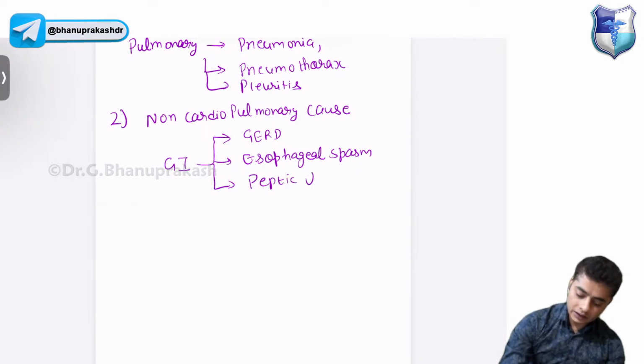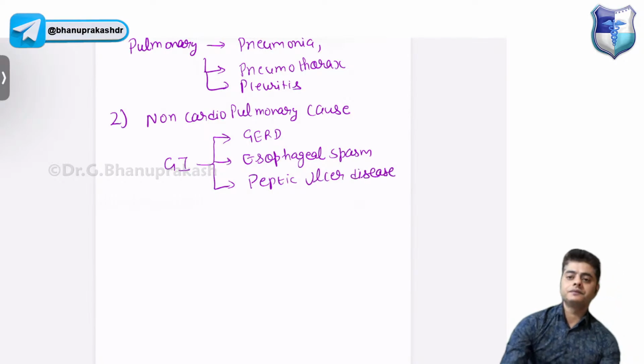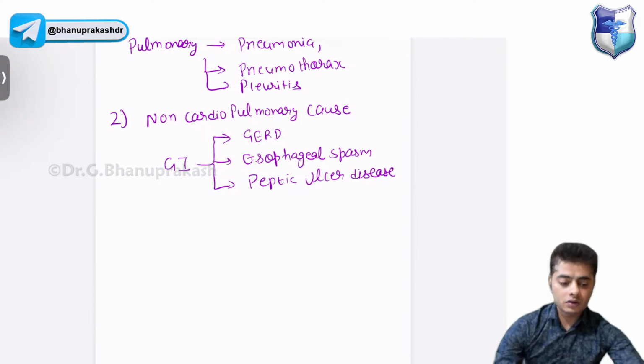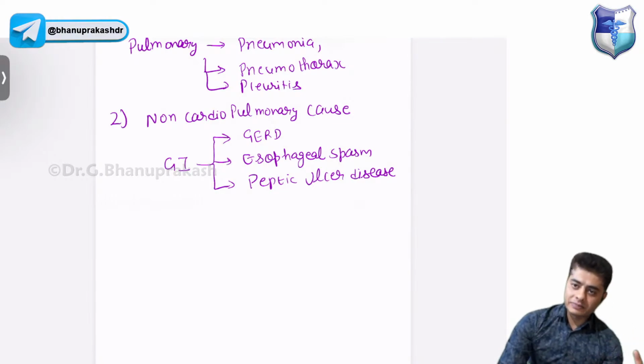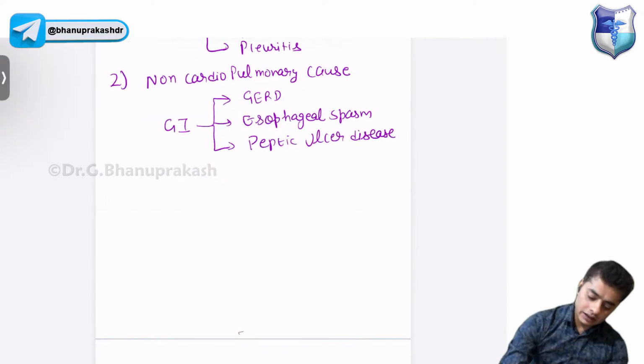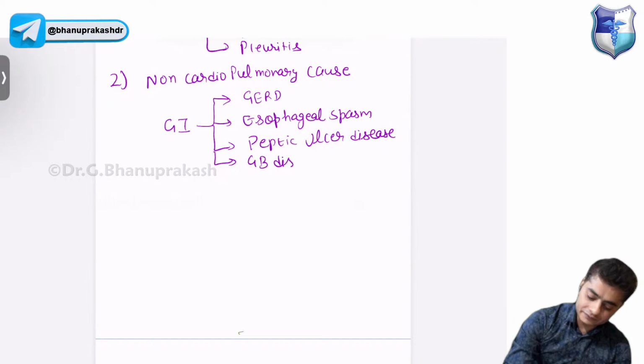Then peptic ulcer disease. So what we have seen in GI is GERD, esophageal spasm, peptic ulcer disease. And last is gallbladder disease.